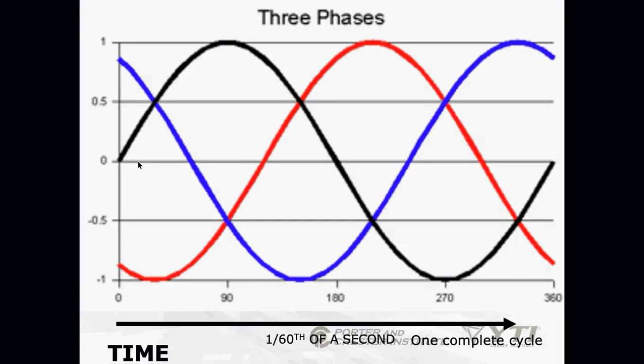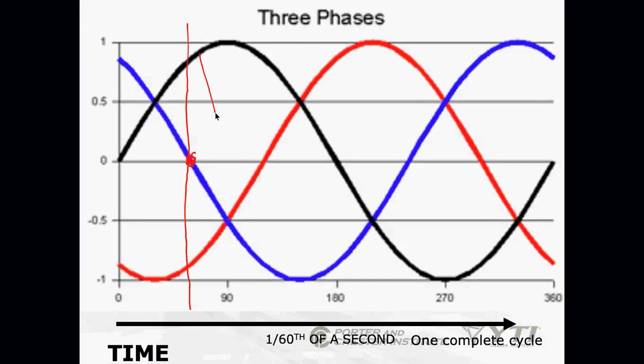Looking at this chart, are any two legs of my three-phase circuit at 0 at the same time? No. So I always have a difference in potential, because if L2, we'll call this, is at 0 right there, I could draw a straight line if I had a ruler, and none of my other phases would be at neutral or 0 at the same time.